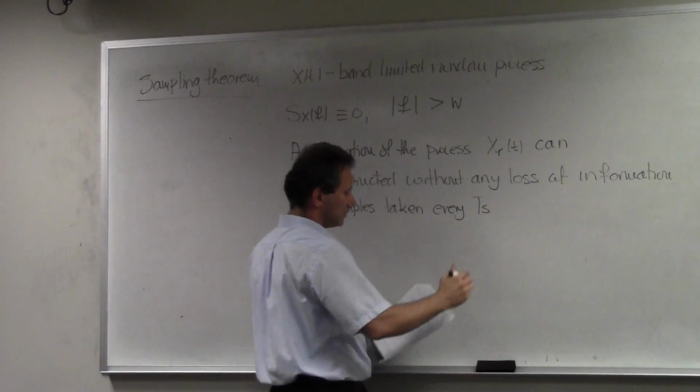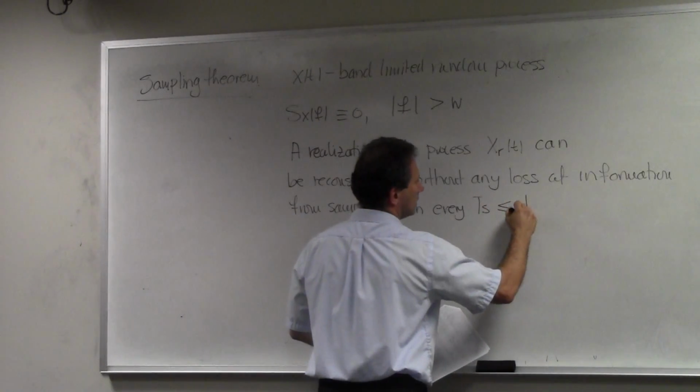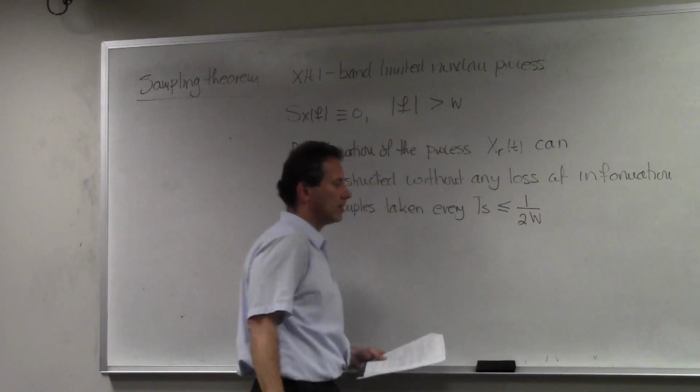This is the timing interval between samples, but T_s needs to satisfy the criterion that it's smaller than 1 over 2W.